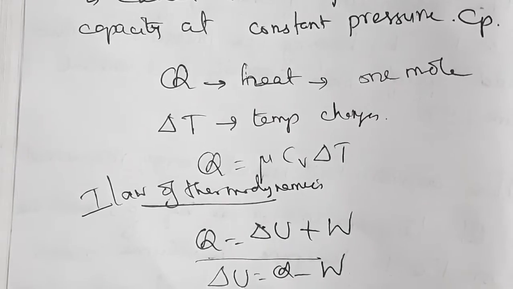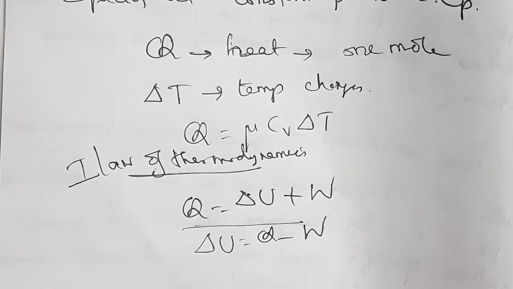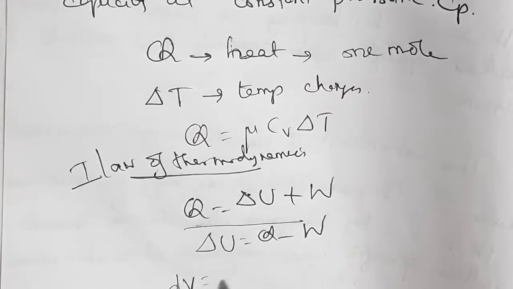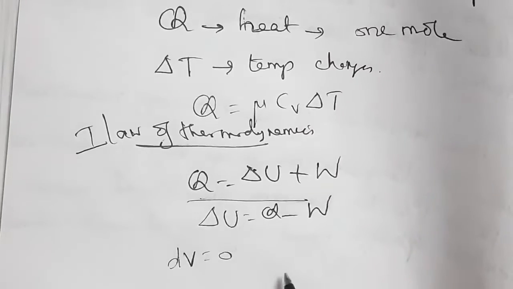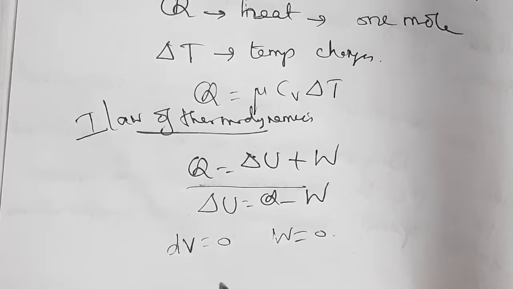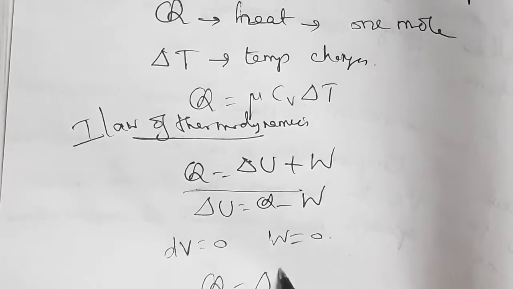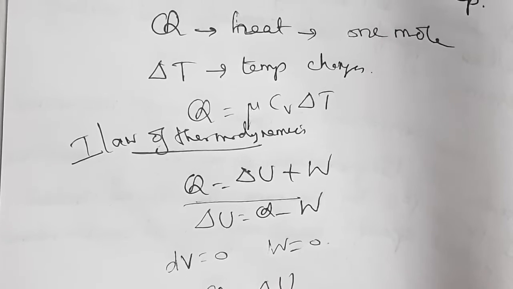In a constant volume process, the change in volume is equal to 0, and also the work done is equal to 0. So Q becomes delta U plus 0.